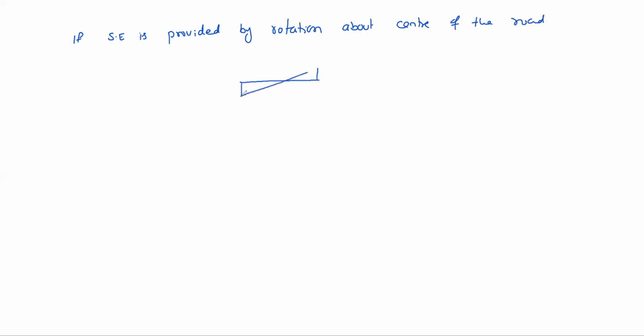So here the rise is W plus WE into E by 2. Here the drop is W plus WE into E by 2. So rise is 50%, drop is 50%.